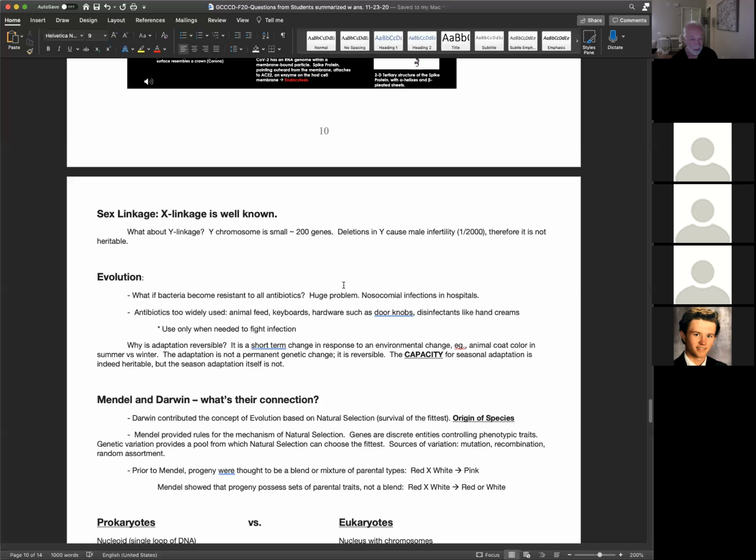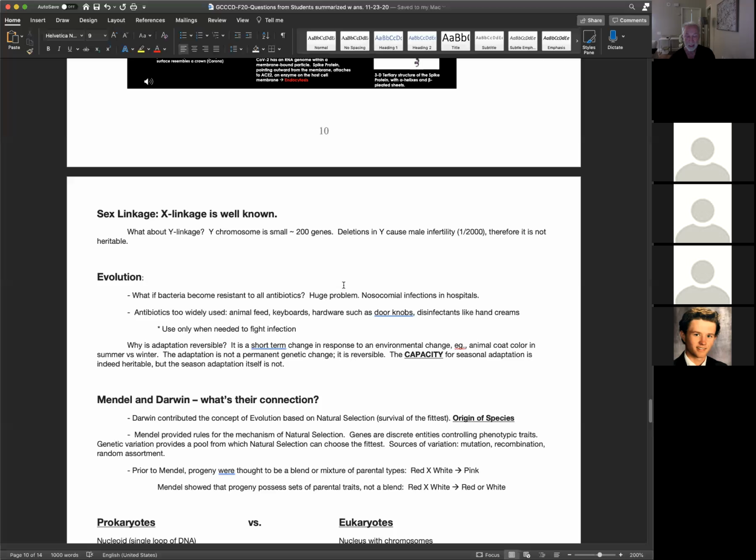I'm running out of time here, but just to make the point clear, at the bottom of this, I have red times white. Prior to Mendel, progeny were thought to be a blend of the parental phenotypes. So if you had a red one and a white one, and you crossed them, you'd get pink.